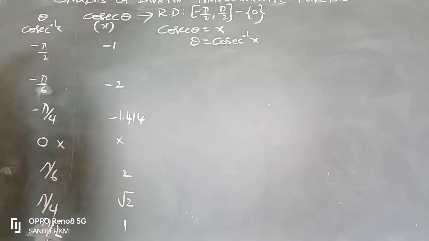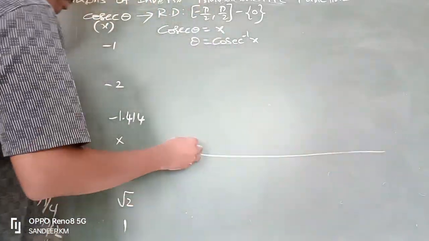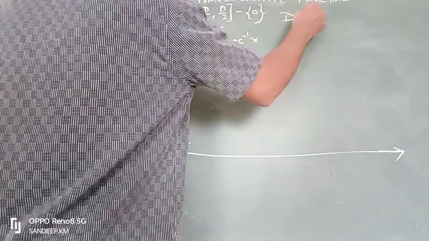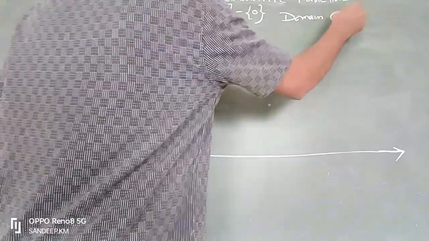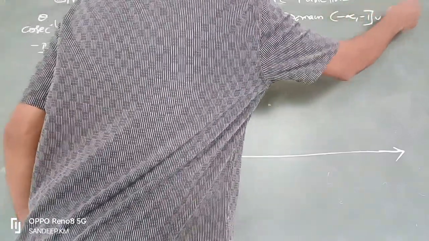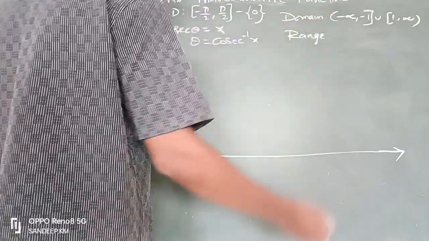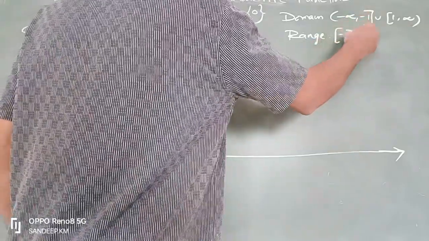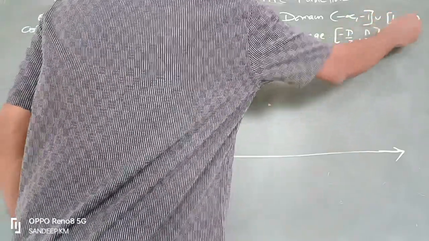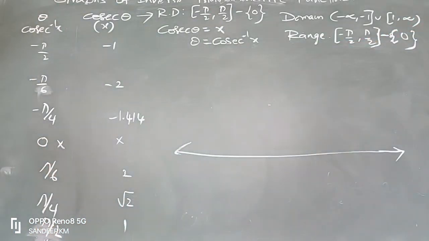So let us draw the graph of theta is equal to cosecant inverse x by taking inputs. What is the domain and range of cosecant inverse x? The domain, in place of x, what values can I substitute? It is minus infinity comma minus 1 union 1 comma infinity. And the range of cosecant inverse x is minus pi by 2 comma pi by 2 except 0.